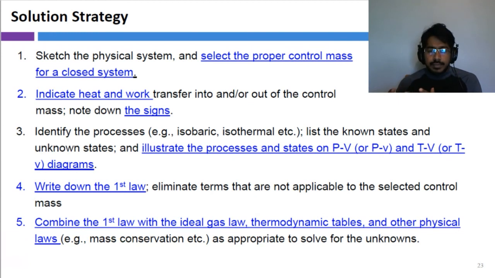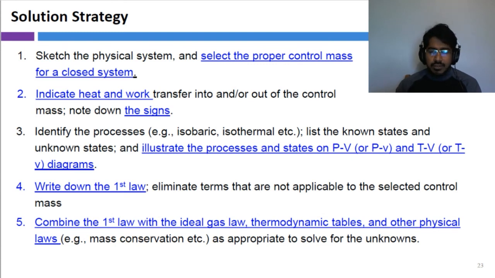The area covered in a TV diagram also has a meaning, but it is not relevant to the context that we have discussed so far. The area of TV diagrams will come into play once we discuss entropy. There, it gives the heat transfer during the process. But for now, I will start with the PV diagram, okay?